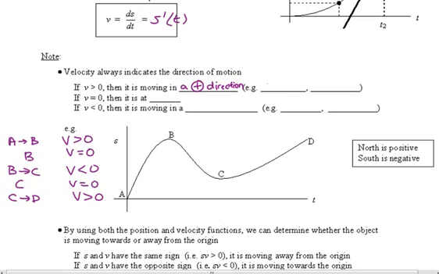So example, forward, upward. If v equals 0, then it is at rest. And if it's less than 0, it's moving in a negative direction. So backward, downward, southward.